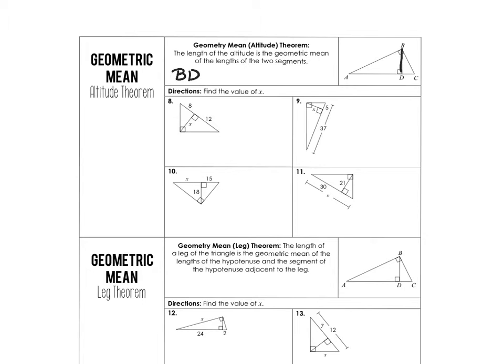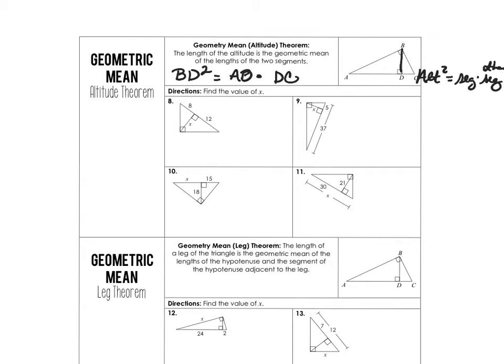Geometric mean means we're going to square it, and it's equal to the two lengths of the segments of the hypotenuse, which is AD times DC. The way I write this is: altitude squared is equal to segment times the other segment.